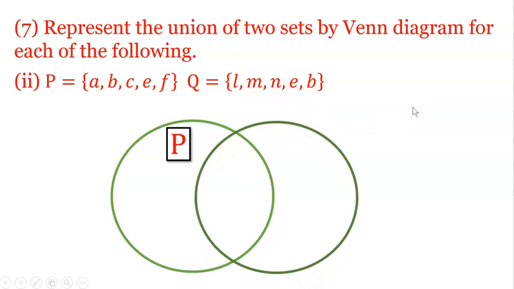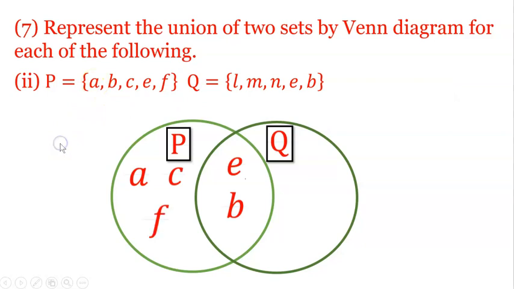P set, and the next is Q. The common elements are E and B, and the remaining elements of P are A, C, F. Next, the remaining elements of the set Q are L, M, N.